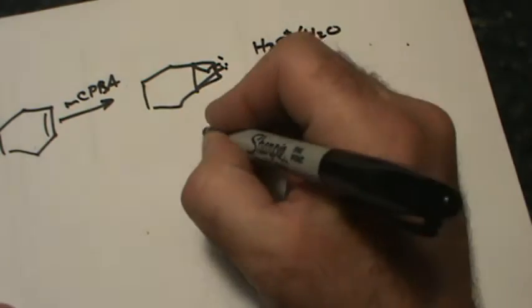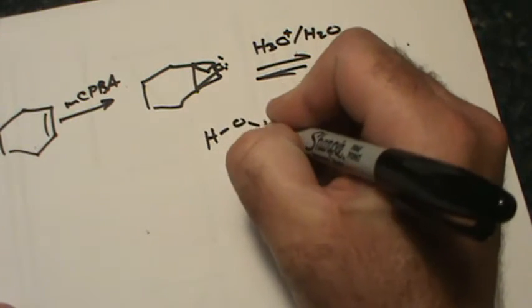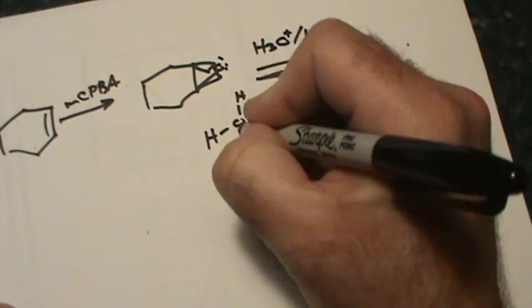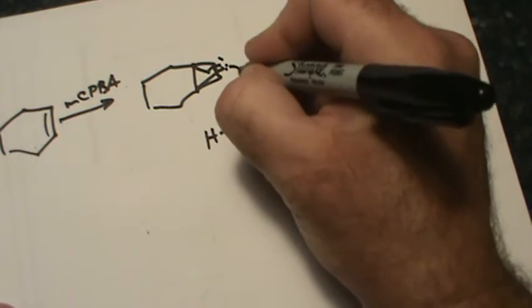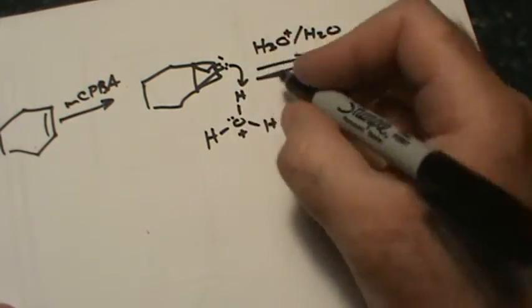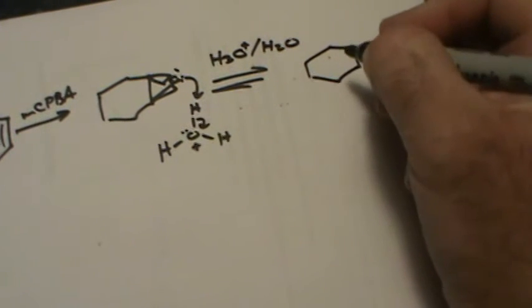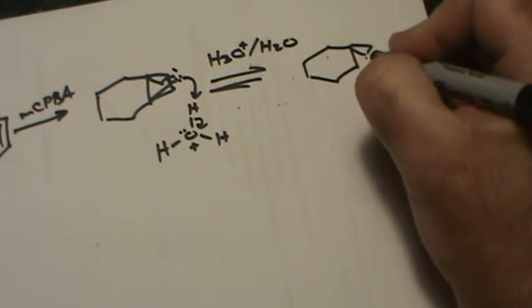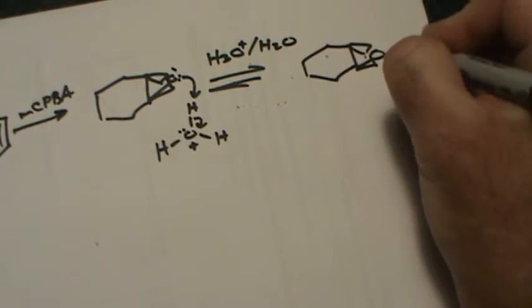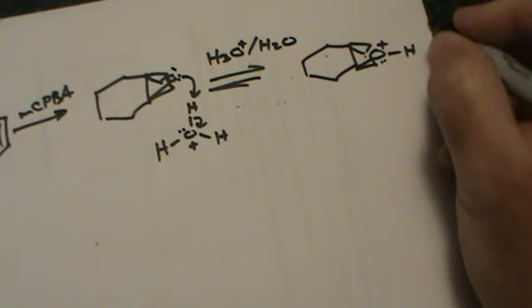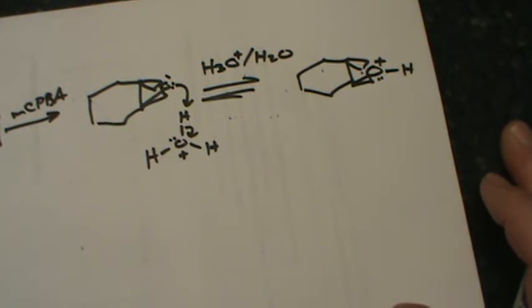And what we're going to see is that the H3O+ is of course an acidic species, and it can protonate the oxirane oxygen such that we generate an oxonium ion.